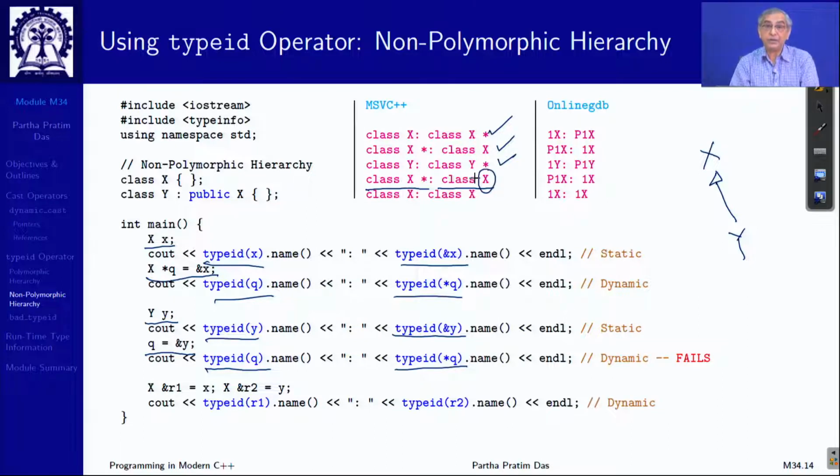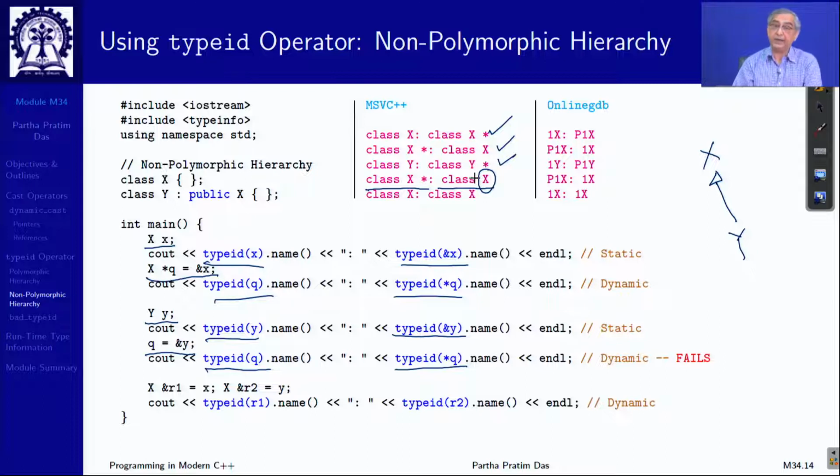This is because it is non-polymorphic. As you know, if it is non-polymorphic, then the compiler has to decide everything based on the static type. So, star q has a static type which is class x. Earlier, when this was polymorphic, I would have got y here because the runtime type is y, but this hierarchy is not polymorphic.